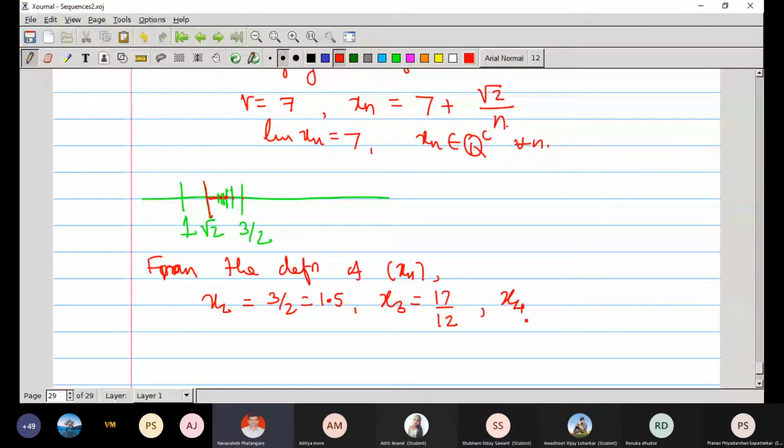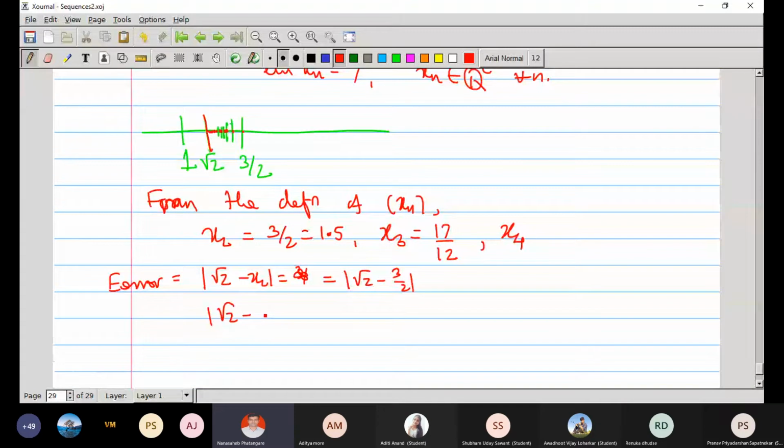What is x4? And if you calculate the error, the actual number is root 2. Root 2 minus x2, whatever that error is, and root 2 minus x3, this error.